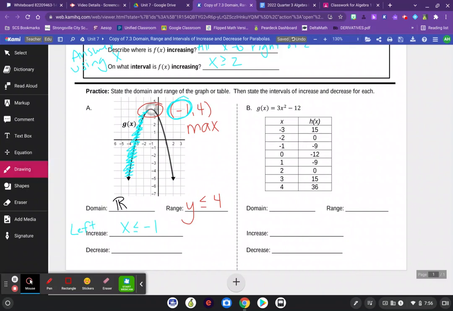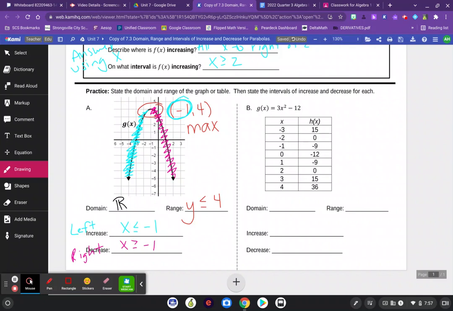And I'm going to say that I'm decreasing starting when x is -1. So for all the x values to the right of -1, or greater than or equal to -1, my graph is moving downwards. Okay, and that's how we answer that.